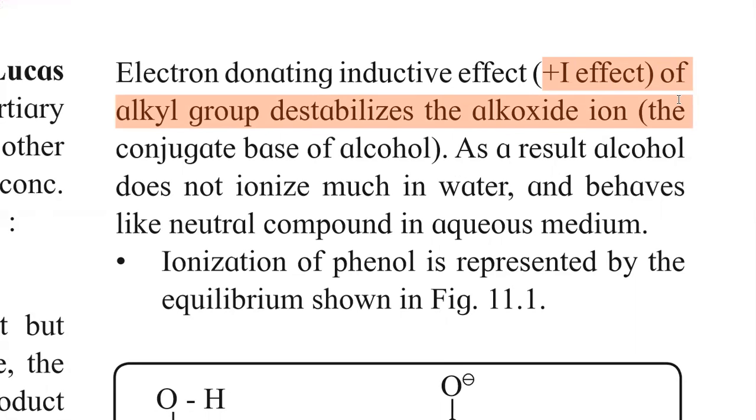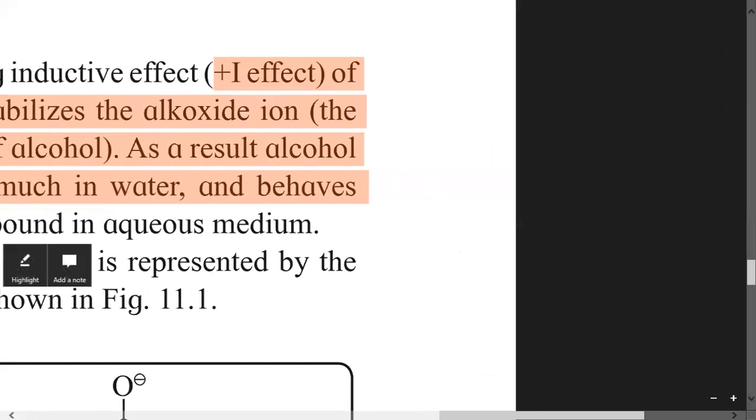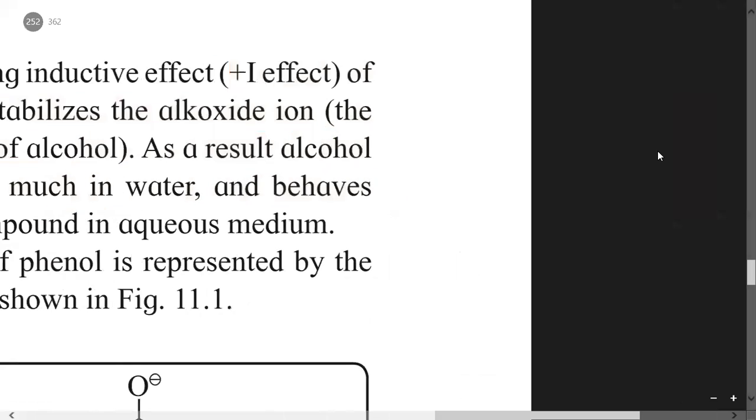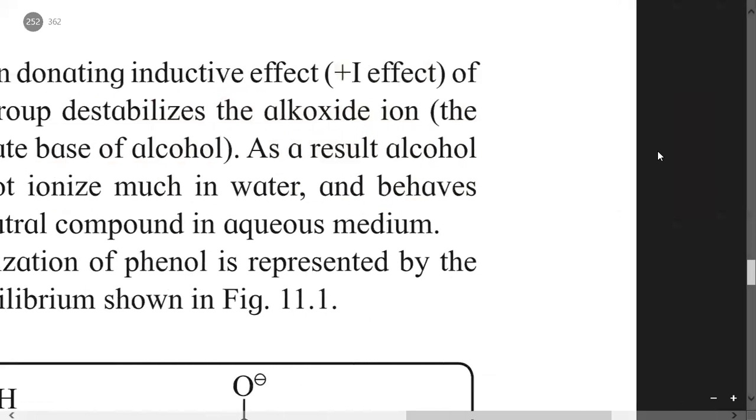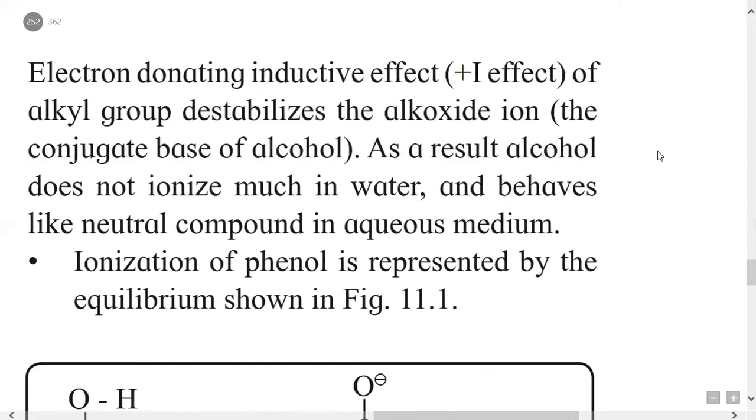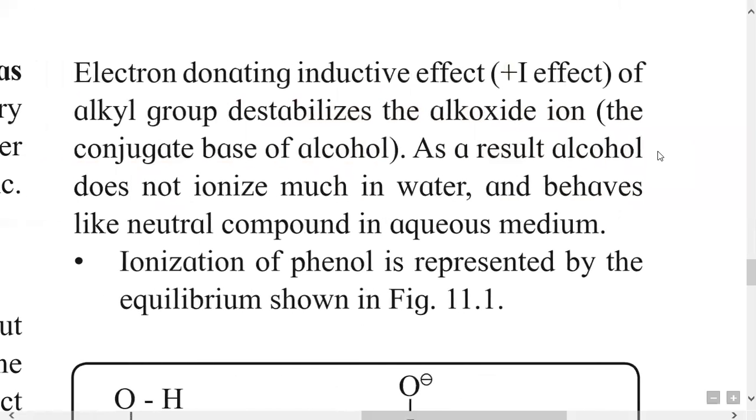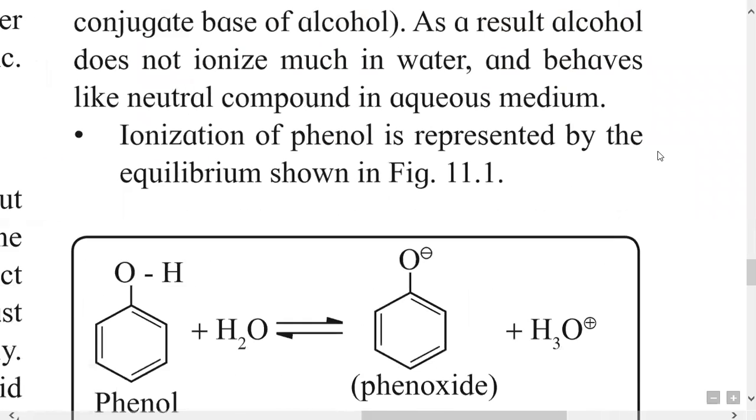Oxygen already has a negative charge and more electrons are donated by the alkyl group, and therefore this conjugate base of alcohol is unstable due to the plus I effect of the alkyl group and does not ionize much in water, and therefore it behaves like a neutral compound in aqueous medium.